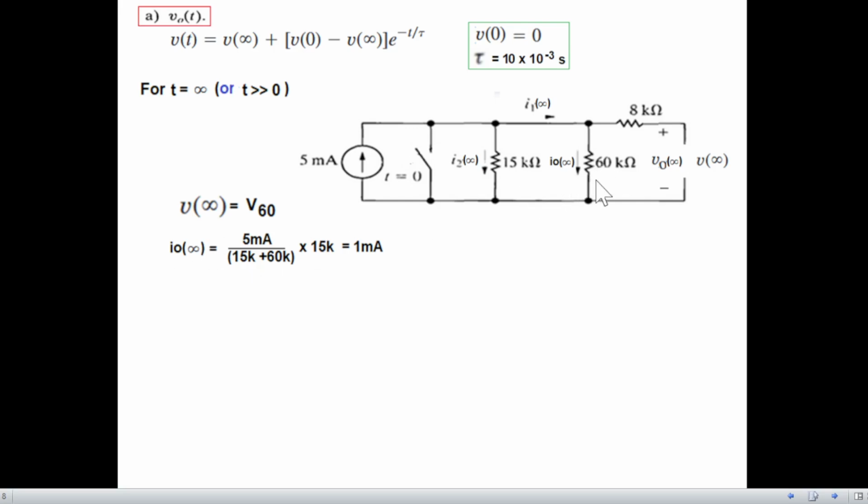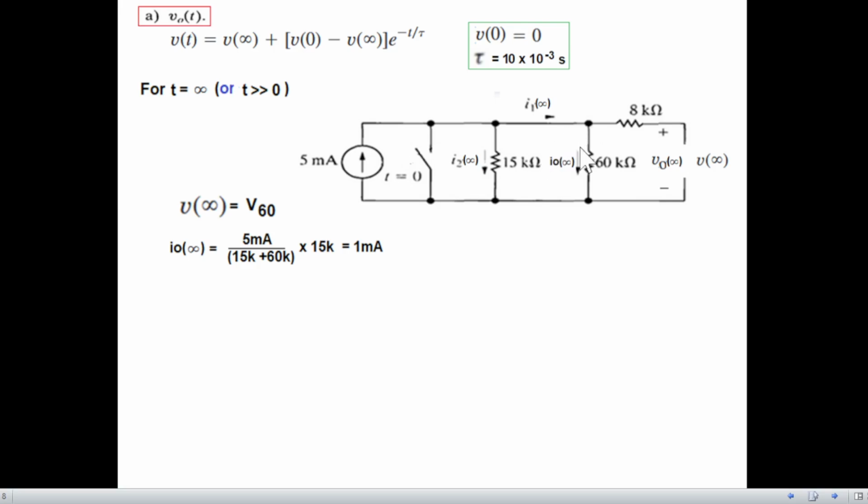And how much is I infinity? You can find from the circuit the current by CDR, current division rule. This is the current, total current, dividing into two parts. So we know that the total current is divided by the total resistance, 15 plus 60, multiplied by the opposite arm.